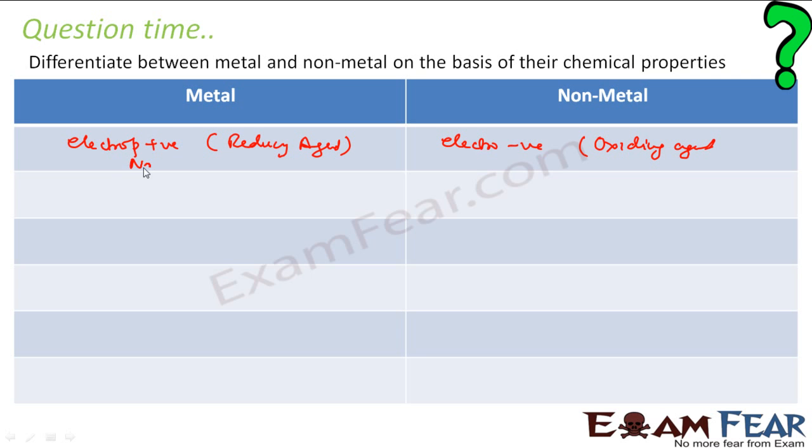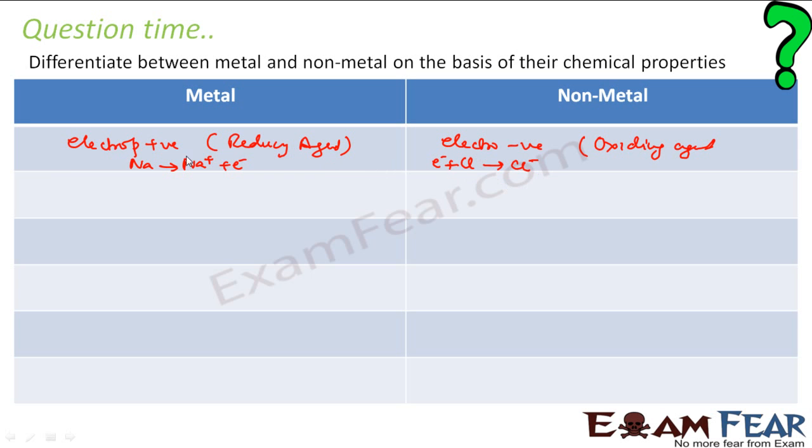Example, if you take sodium, it will easily give one electron to become Na+. If you take chlorine, it will easily take one electron to become Cl-.